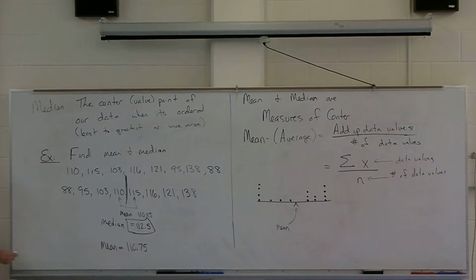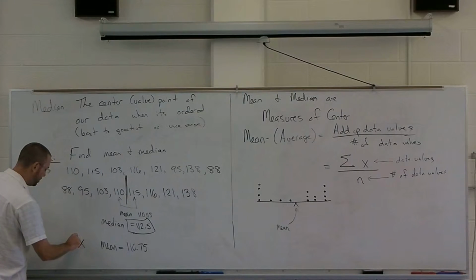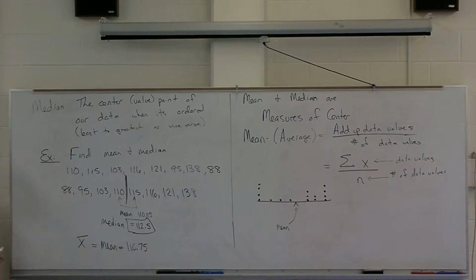The shorthand that the book uses is typically an X with a bar over it to represent the mean. Whenever you see an X with a bar over it, that always represents the sample mean. This means that you had a collection of sample data and you took the mean of it. So whenever you see that in the book or on a quiz or a test, that's what it means. It's the sample mean.